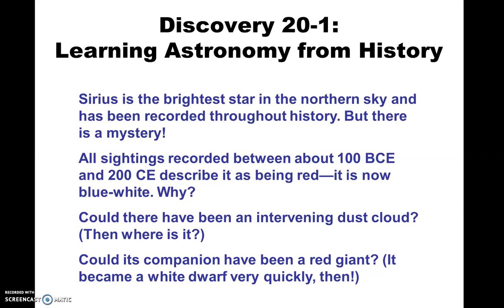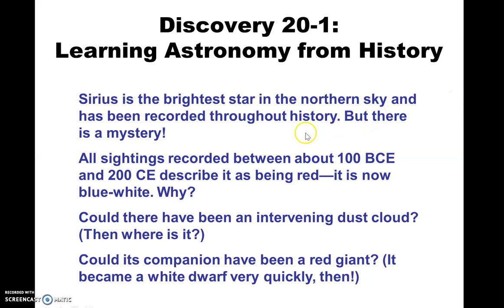Part of the matter that was in a shell around Sirius B extended out beyond the orbit of Sirius A, and so that would have blocked some of the light and noticeably reddened the light, as was recorded historically.